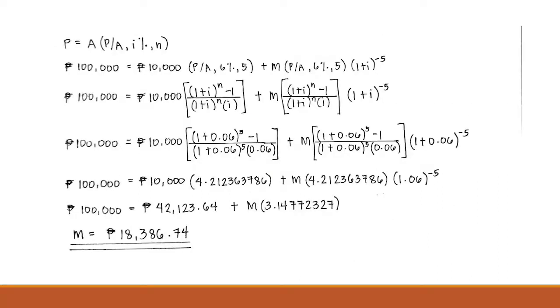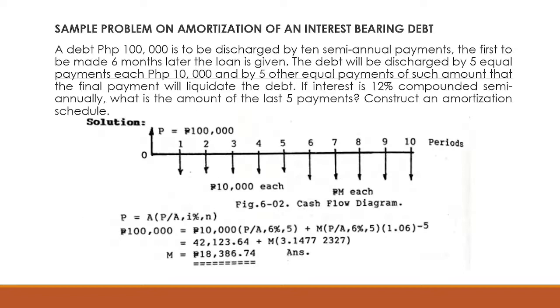So, ang principal niya is 100,000 equals ang annuity is 10,000 times P over A, 6%. 6% kay ang gipangita man dire is ang ingon dire if interest is 12% compounded semi-annually.